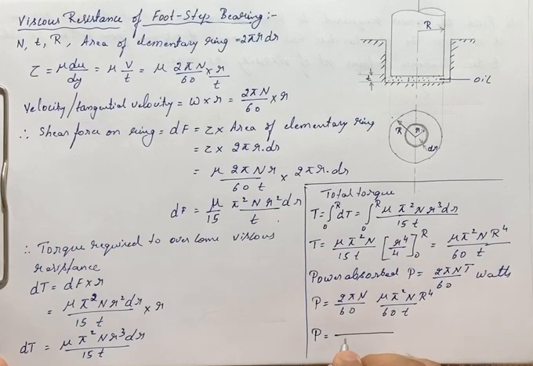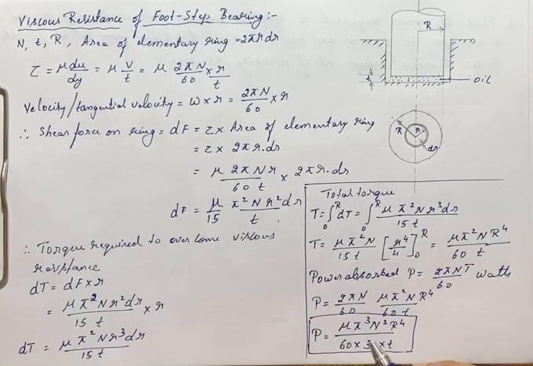So, pi into pi square is pi cube. This is the power absorbed in a foot step bearing: P is equal to mu pi cube n square r raised to 4 divided by 60 into 30 into t.